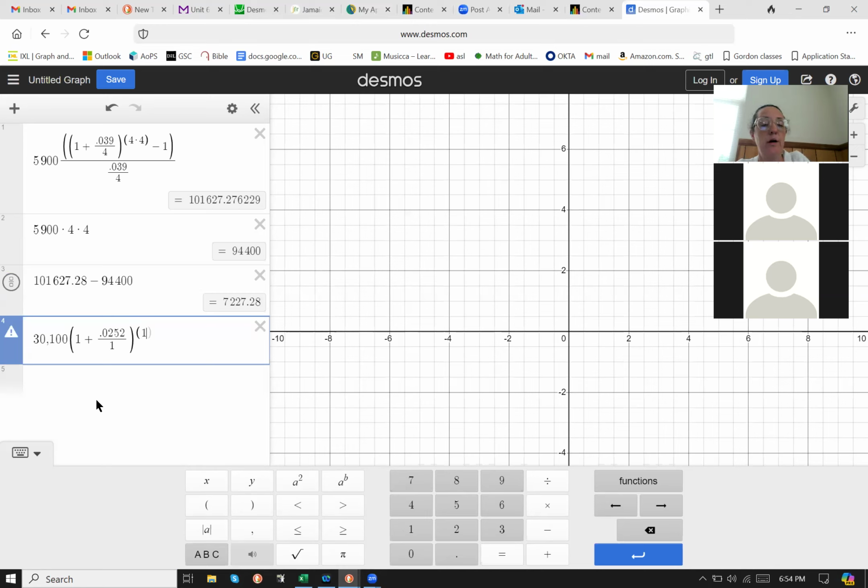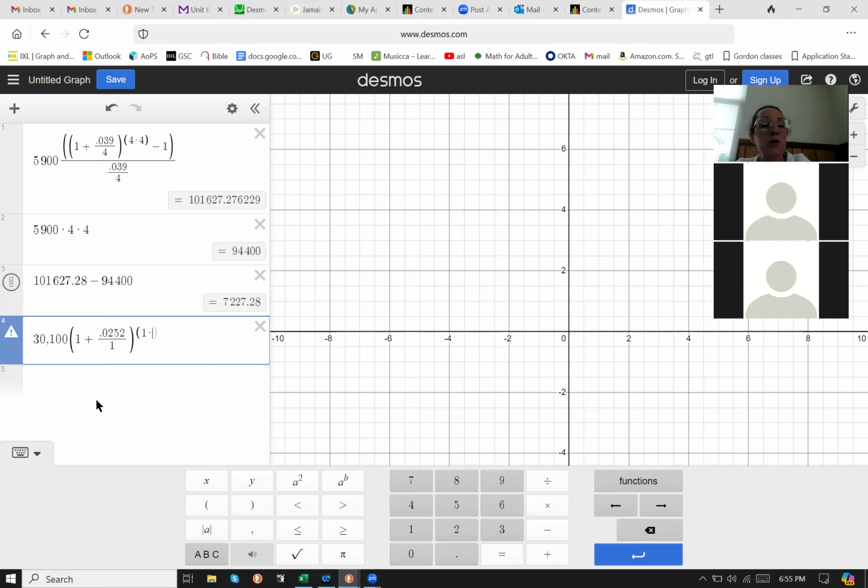So N is 1 and our T is, let's see, it was 2 years and 8 months. 8/12 will be, let's see, 8 divided by 4 is 2, 12 divided by 4 is 3.